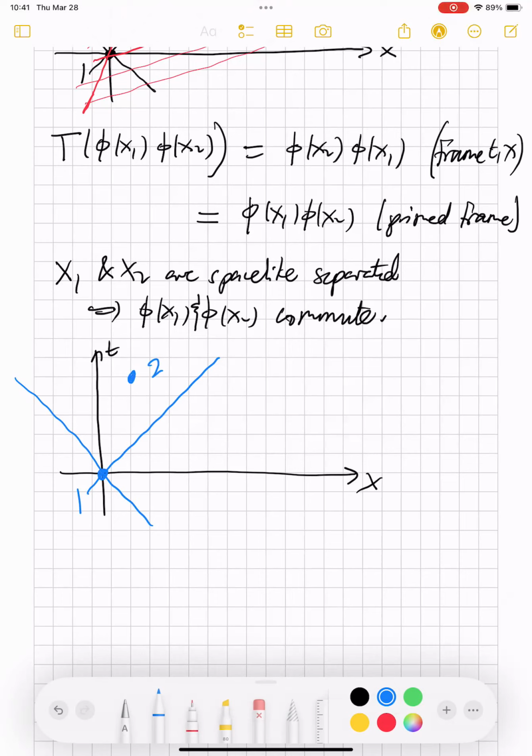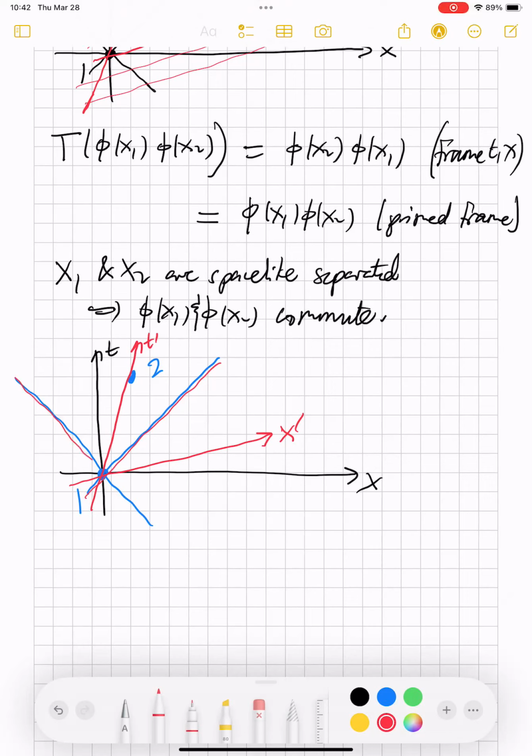If I now move to the prime frame, well, there is t prime, there is x prime, and the light cone inside the primed frame is exactly the same as the light cone in the unprimed frame.